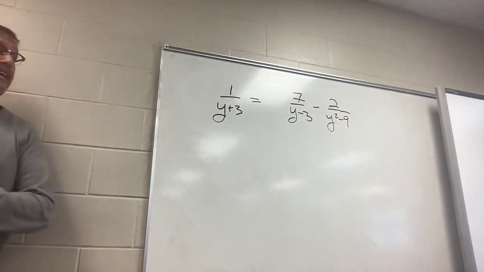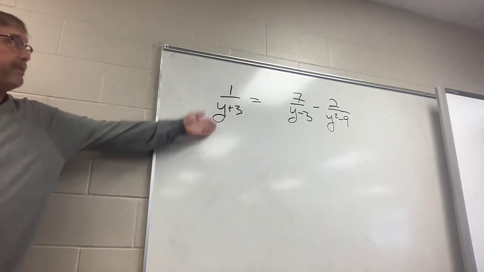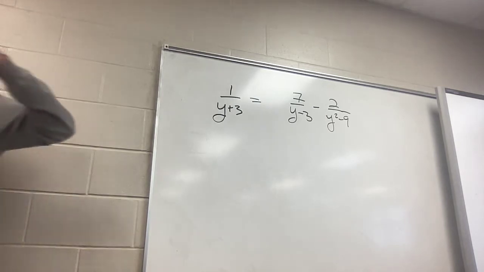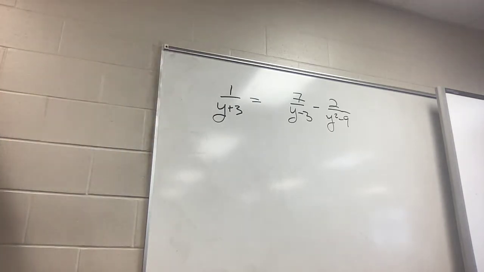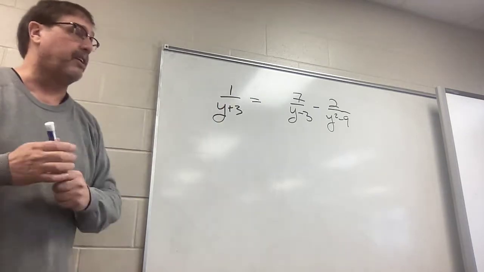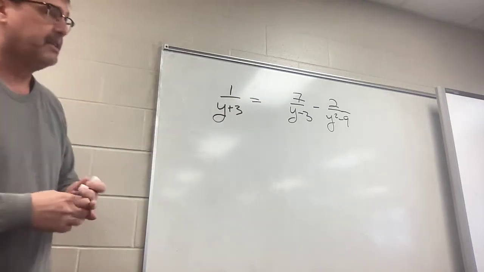Well, it looks like the common denominator would be y plus 3, y minus 3, y squared minus 9. But the first unit in this class started with the letter F and it ended with tor. It is factor. Let us consider factoring over there.